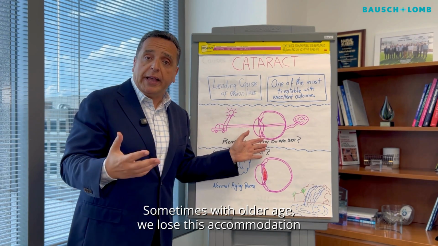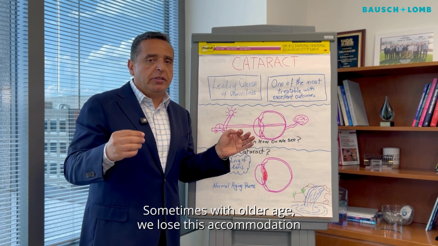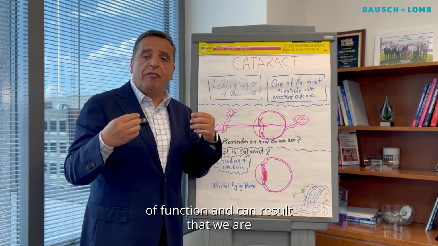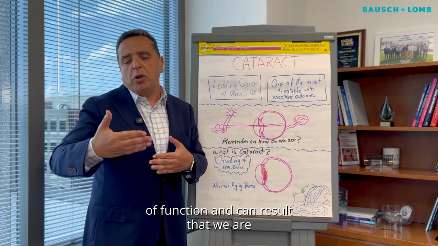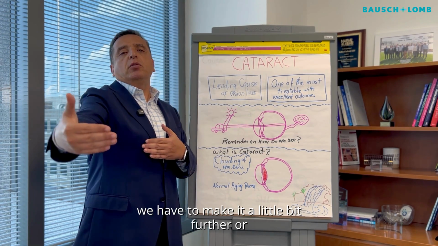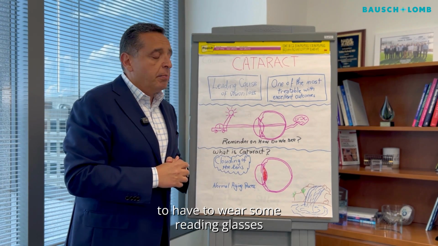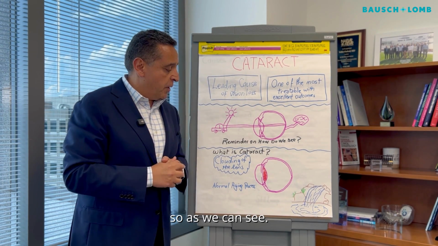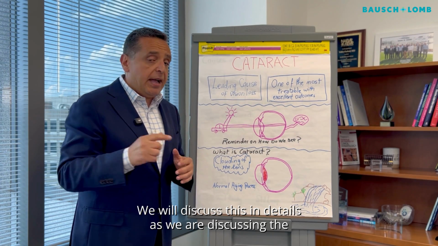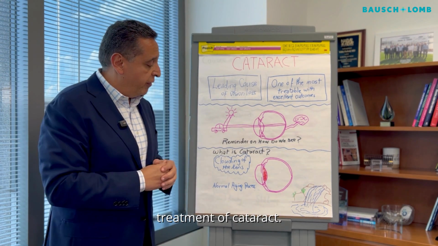Sometimes with older age, we lose this accommodation as part of loss of function, and we can become unable to see near objects. We have to hold things a little bit further away, or have to wear reading glasses so we can see. We will discuss this in detail as we discuss the treatment of cataract.